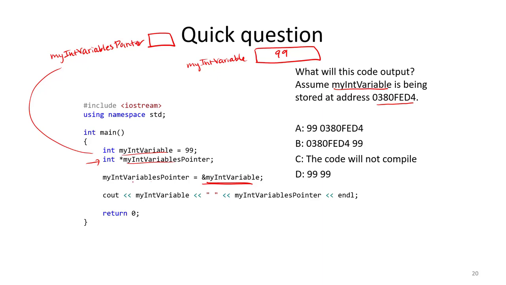That means myIntVariablesPointer is pointing at myIntVariable. So in this case, myIntVariablesPointer holds the memory address where myIntVariable is located. And if I were to go in the memory and search for myIntVariable, I would find the value 99 stored at that memory address.